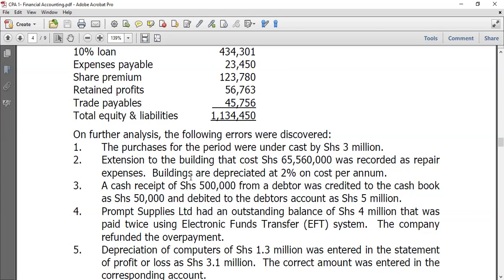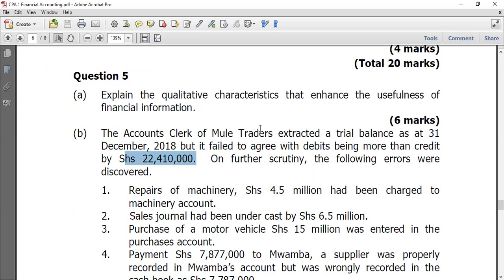One of the things that I know with the examiner is that they will always bring similar questions, okay? Just like the way we are seeing extension of the building here, the examiner will just tweak this a little more. I'll just show you something small. So this is another paper, a totally different paper. And you see what he brings as the first thing. He says repairs of machinery, shillings 4.5, had been charged to the machinery account. You see, he has just twisted something small.